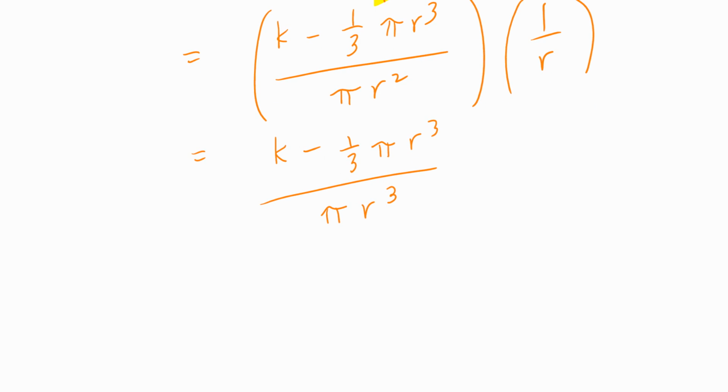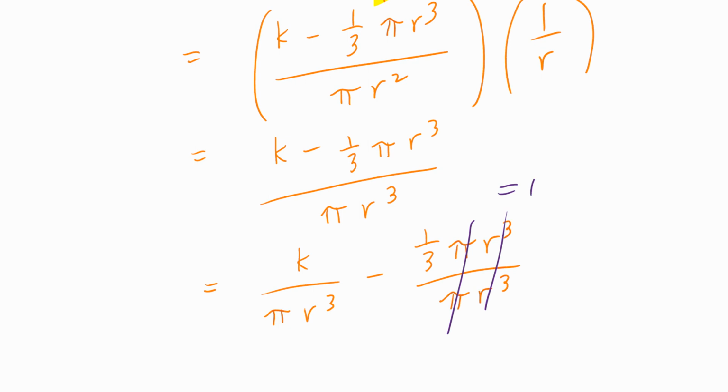Let's break this into two different parts. The first fraction is k divided by pi r cubed, minus 1 over 3 pi r cubed divided by pi r cubed. In a different color, I'm crossing out pi r cubed in the second part.